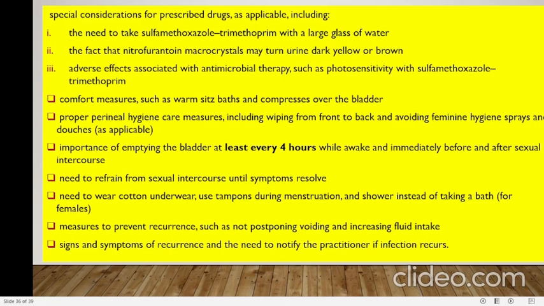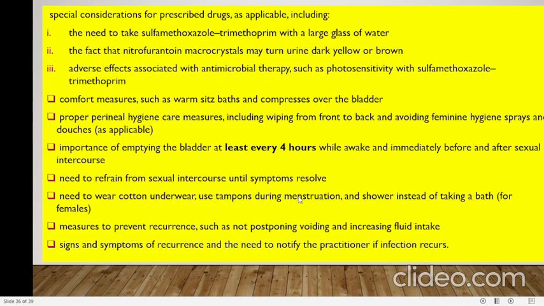Proper perineal hygiene care measures, wiping from front to back and avoiding feminine hygiene sprays and douches. Importance of emptying the bladder at least every 4 hours while awake and immediately before and after sexual intercourse. Need to refrain from sexual intercourse until symptoms resolve. Need to wear cotton underwear.